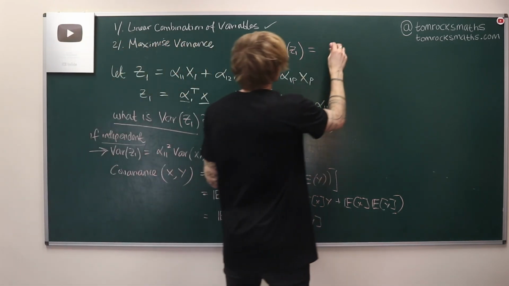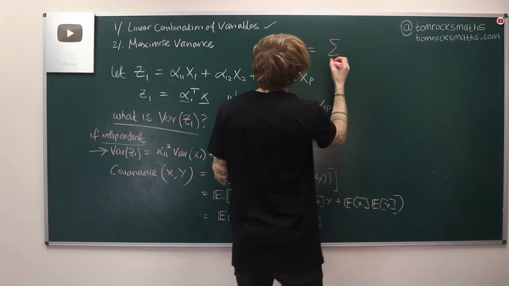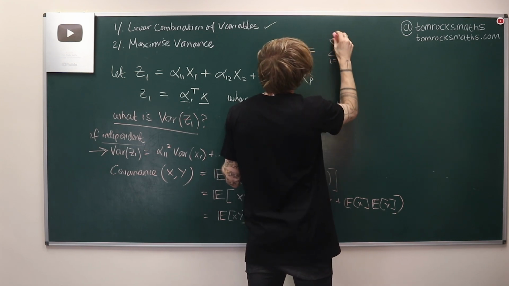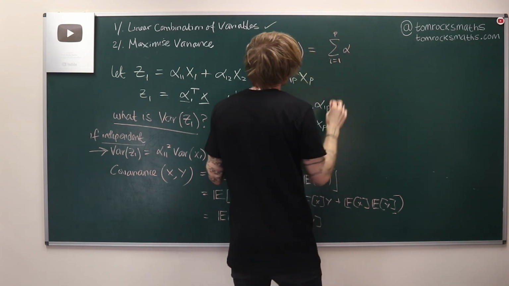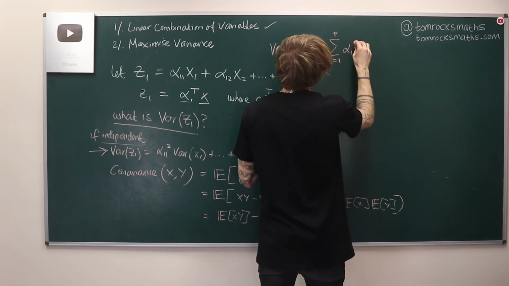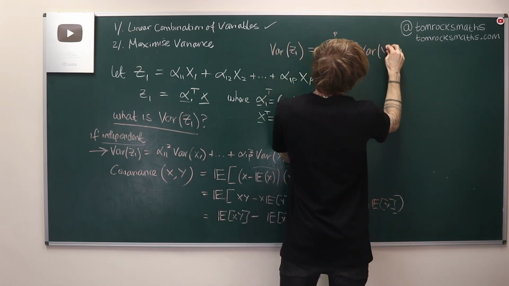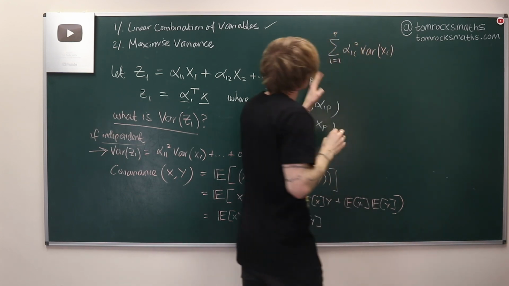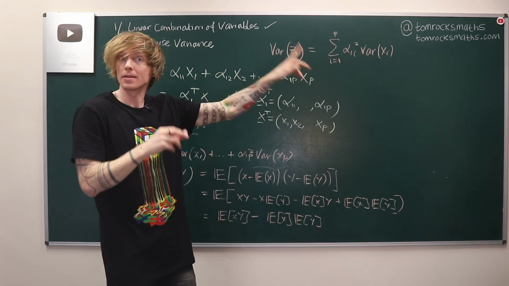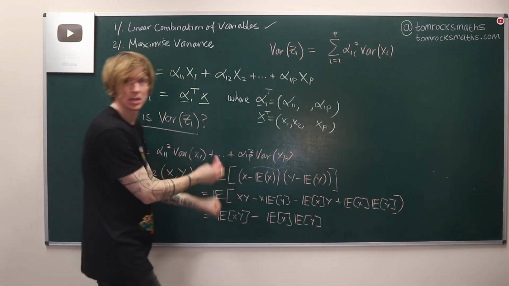So I'm just going to use a little shorthand here and call this, from i equals 1 to p, what we've got is alpha 1i squared times the variance of xi. So again, that's all you get when they're independent, but we also now get these covariance terms.